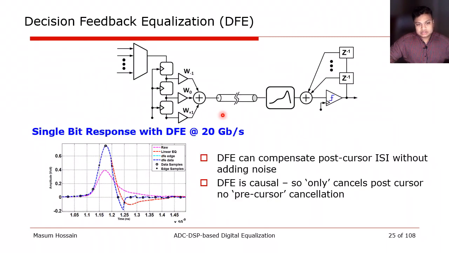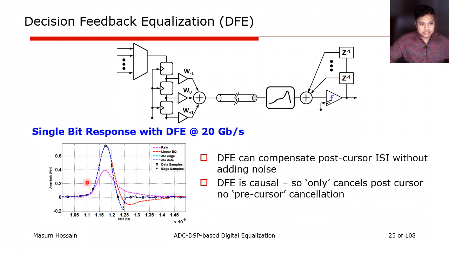Going beyond these linear approaches, we can also do nonlinear equalization in the form of decision feedback. Here, we first make the decision, and based on those decisions, the residual ISIs are corrected using this delay element to reach out to the different post-cursor values.